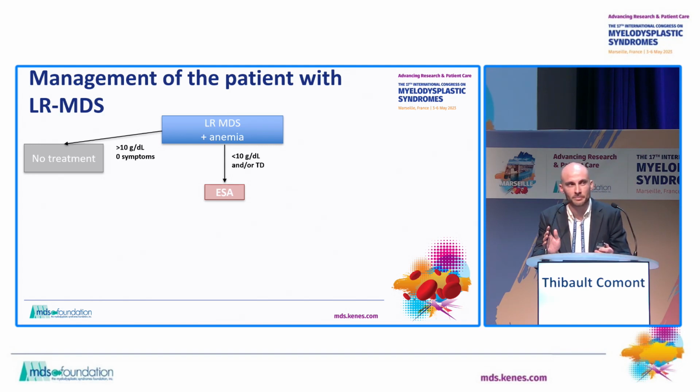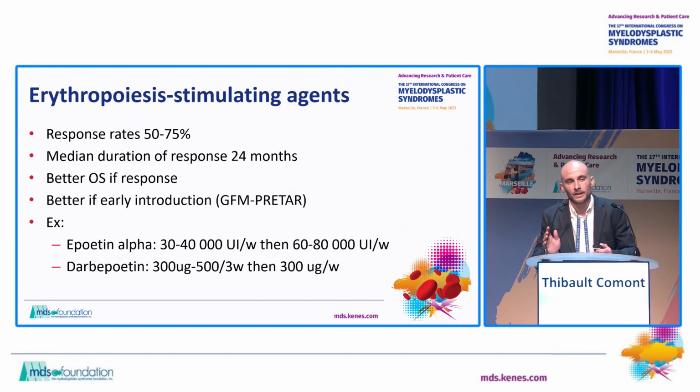The first treatment in this situation is EPO. It has a response rate between 50 and 70%, with a median duration of response of 2 years. Patients have a better overall survival if they respond to EPO, and the course of the disease is better if we initiate EPO early.